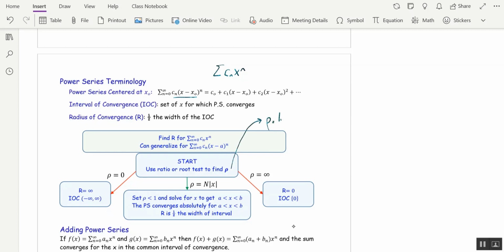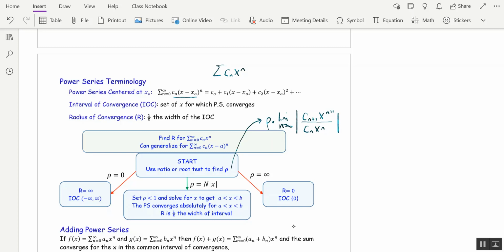Rho is the limit as n goes to infinity of the absolute value of the n plus 1th term, c sub n plus 1 x to the n plus 1, divided by the nth term, cn x to the n. And the ratio test states that the power series converges absolutely as long as rho is less than 1.